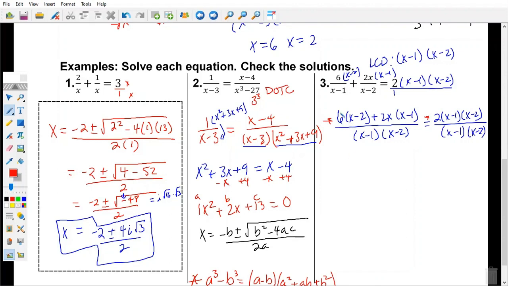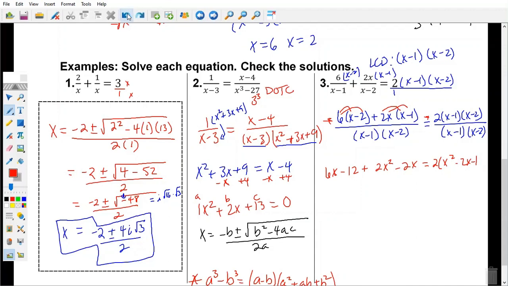So here on the first one, I'm going to distribute 6. I'm going to distribute the 2x. I'm going to FOIL and then distribute the 2, however I want to do it on that side as well. So we end up with 6x minus 12 plus 2x squared minus 2x equals 2 times, and we have x squared minus 2x minus 1x.